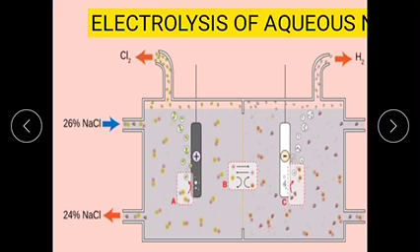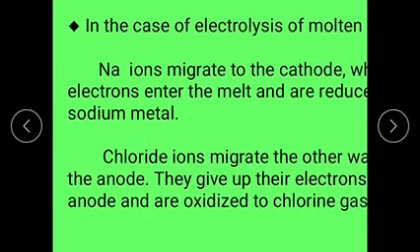In that case, when we pass the electricity through it, the fused NaCl splits into Na+ and Cl- ions.